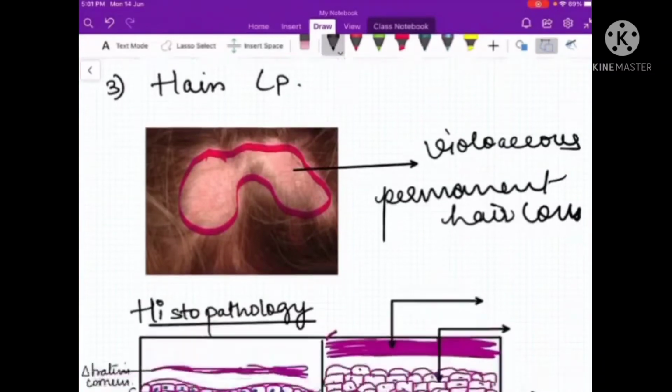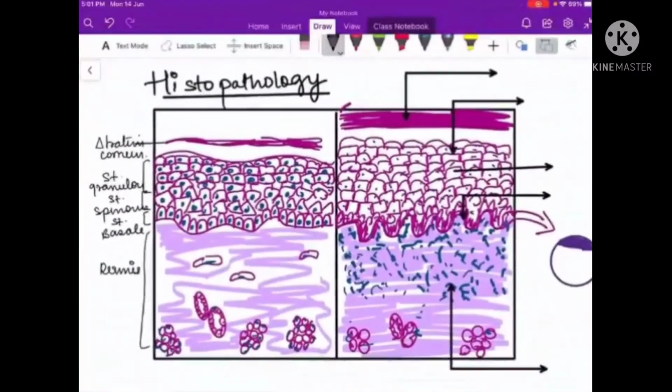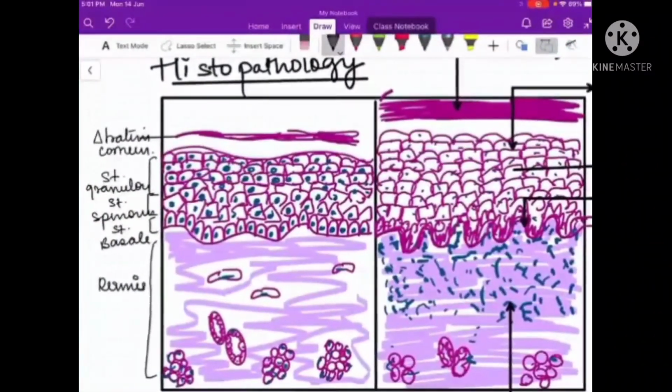Coming to the histopathology, first we'll discuss the normal skin pathology. In this lesion we can see the dermis. This is the dermis of the skin, and this much is the epidermis of the skin.